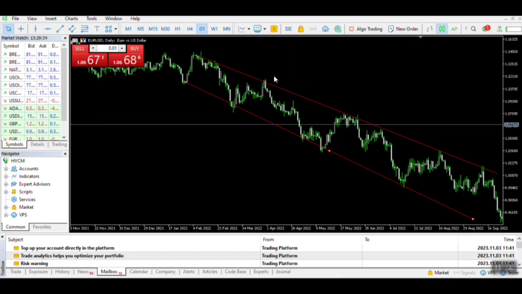This one is a peak. It is below the previous peak. This one is below the previous peak. This one is below the previous one. And also each bottom like this is below the previous one.